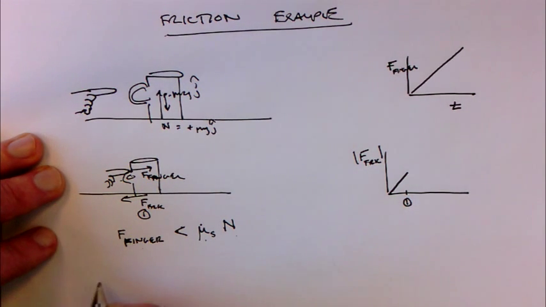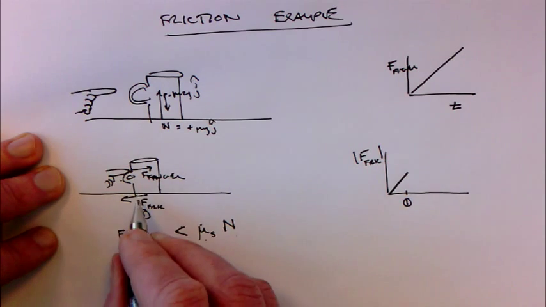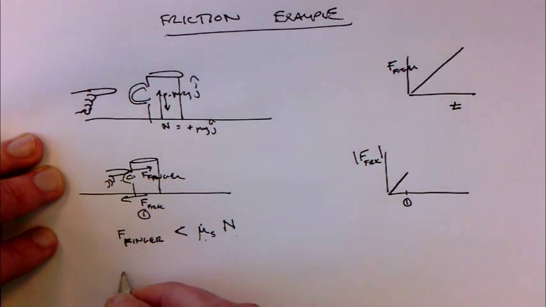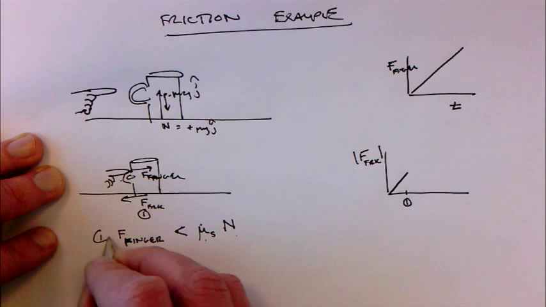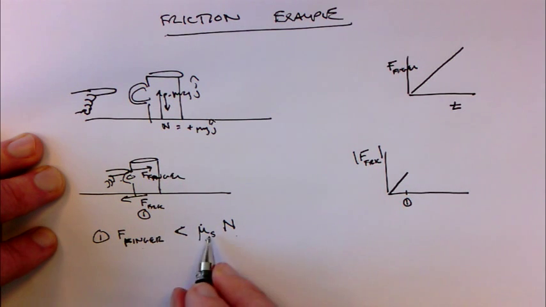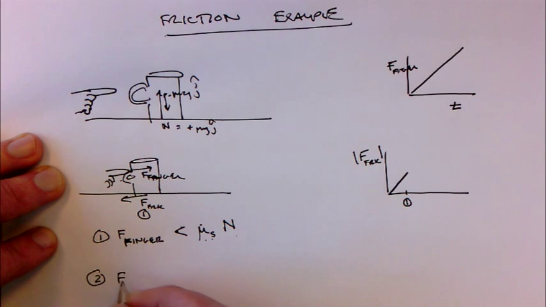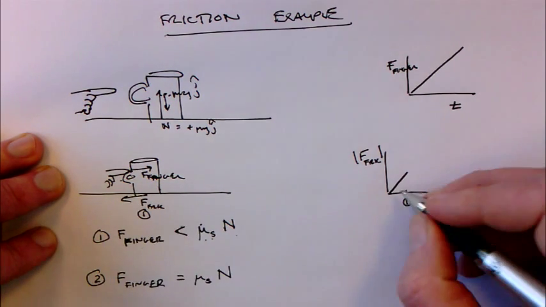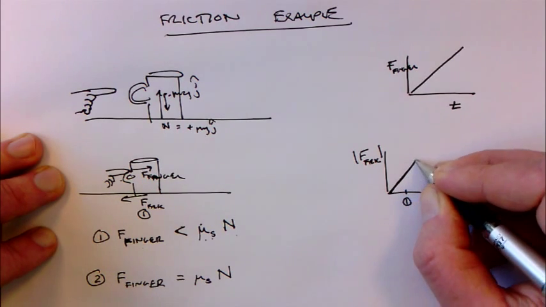At some point, I apply enough force that, in case 1, the finger force is less than mu sub s times n. At point 2 in time, we'll say that my finger force is equal to mu sub s times n. Up until that point, this frictional force is increasing.